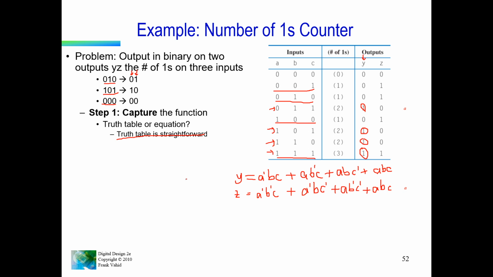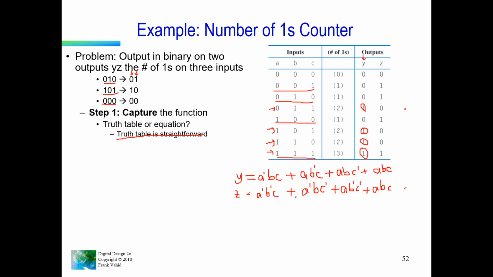I have found a Boolean equation for each output. So now I can design it as a schematic, as our circuit. But before designing this as our circuit, we can try some simplifications using the distributive property, for instance.